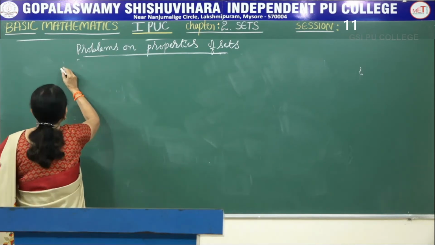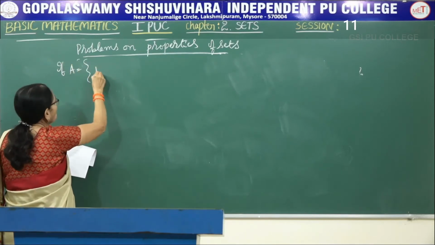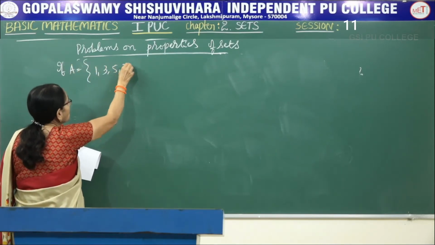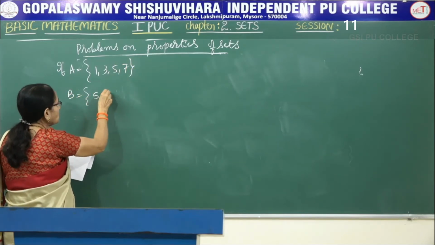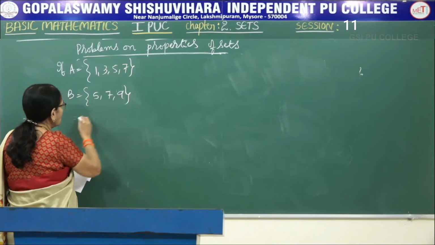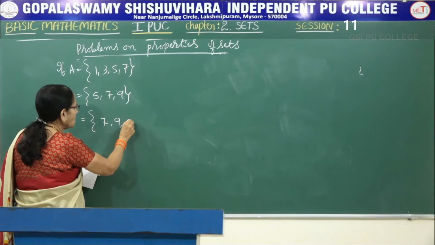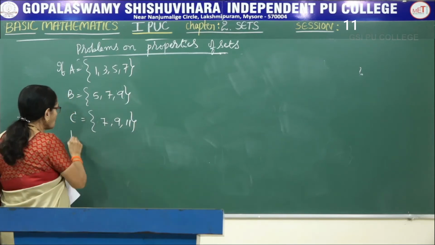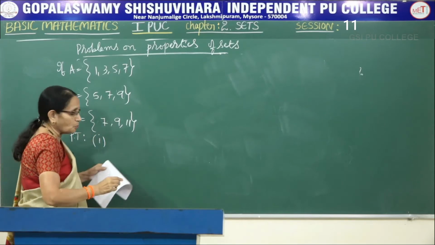Here I am given the problem: the set A contains 1, 3, 5, 7, set B contains 5, 7, 9, and set C contains 7, 9, 11. You have to prove, again, two parts of the distributive property.